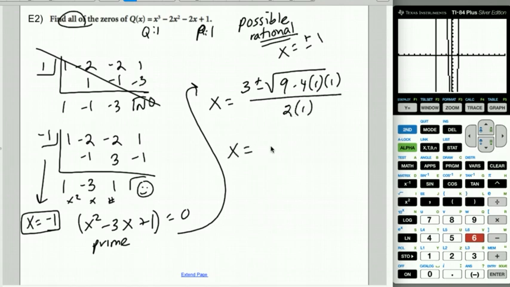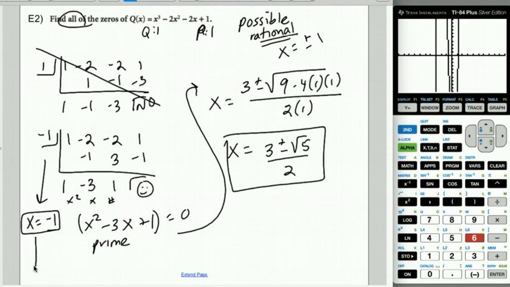I get that the other roots are 3 plus or minus root 5, all over 2. So the first is a rational root. These are irrational roots, but I was asked to find all roots, so there you have it. Those are my 3 roots, rational and irrational.